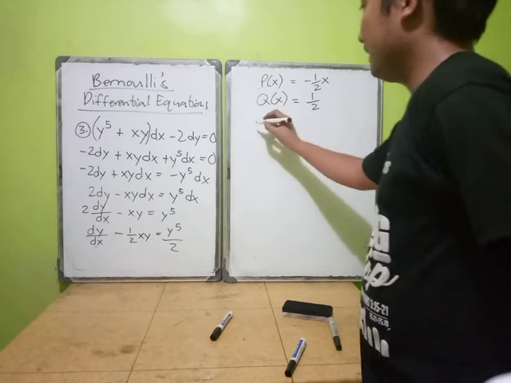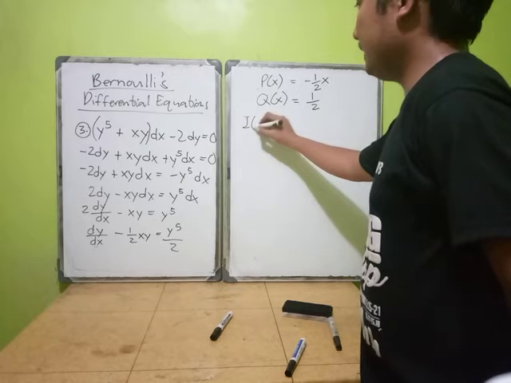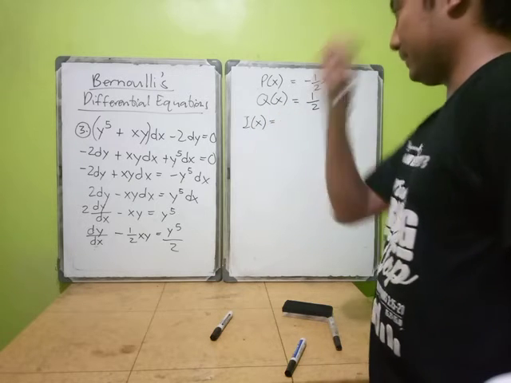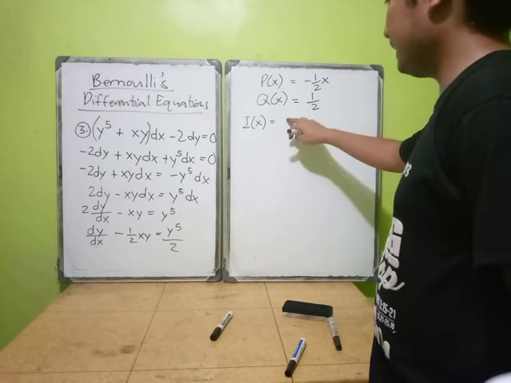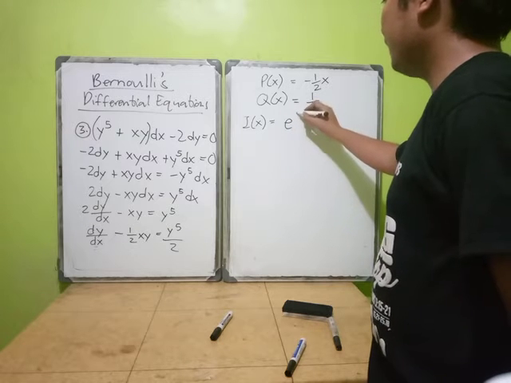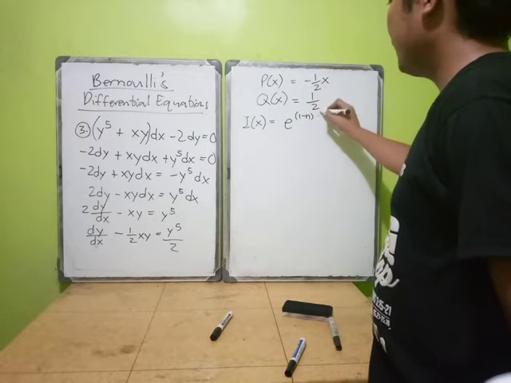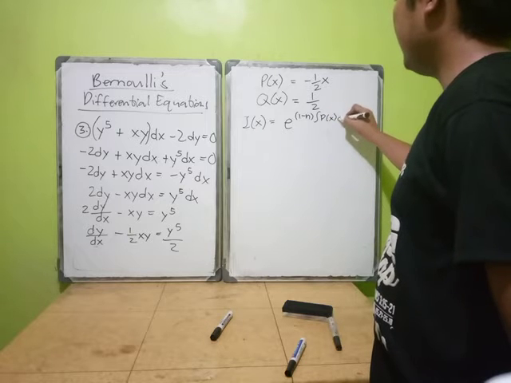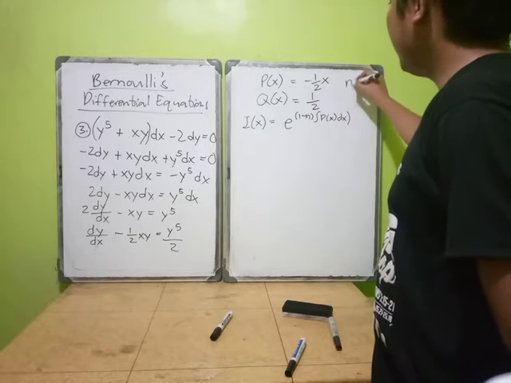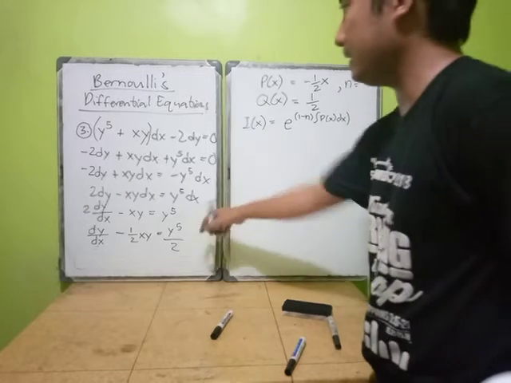So, solve natin si integrating factor. So, si integrating factor natin is Ix is equal to e to the 1 minus n, p of x dx. Yung n natin, nakalimutan ko, yung n natin is 5.